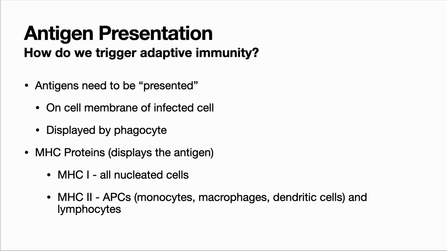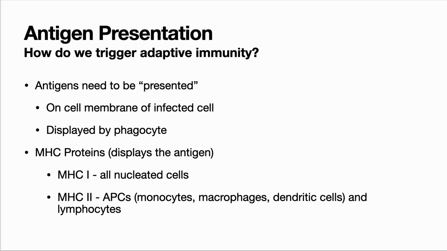Just call it MHC. Antigens have to be presented on an MHC protein, and that MHC protein could be on the surface of an infected cell or on the surface of a phagocyte.